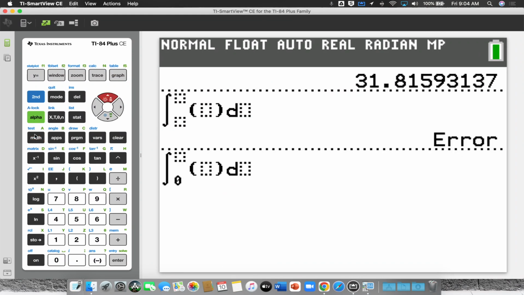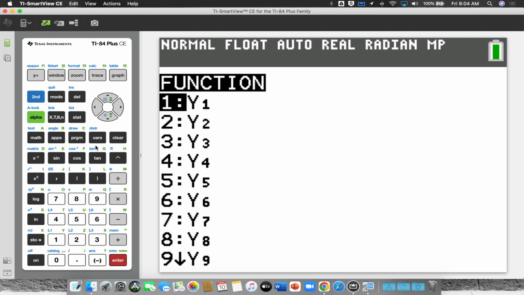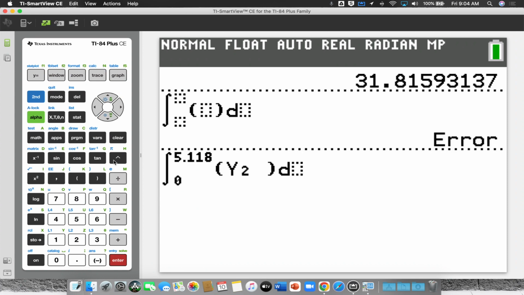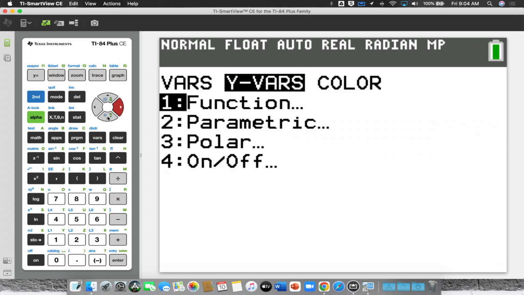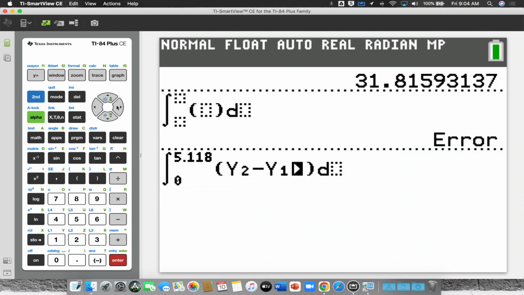Okay, 0, 5.118, vars, minus, vars. So instead of having to write it all over again, you already have it written down, right? The calculator will let you shorthand it.